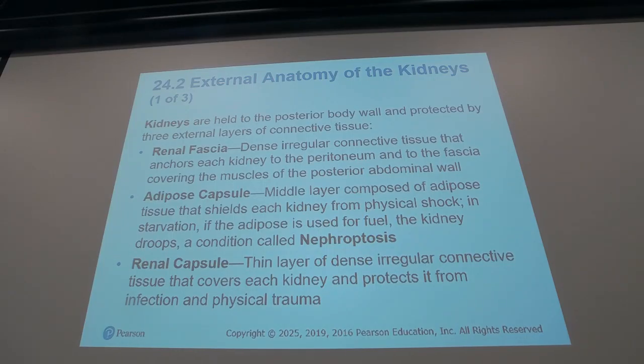The renal capsule is the connective tissue that is in direct contact with the kidneys. And when someone has rapid loss of fat tissue, that can lead to the kidneys dropping out of the normal position. This is called nephroptosis.